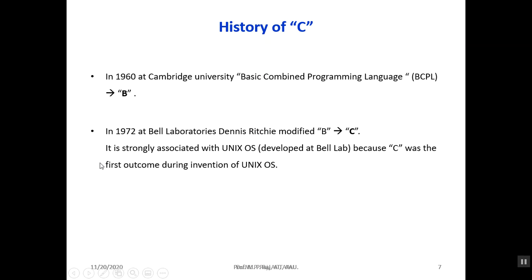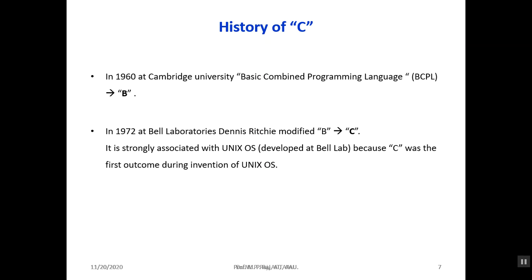It is strongly associated with Unix OS. Now the purpose of Dennis Ritchie was to design a new operating system, Unix, and for that he needed one language which was capable enough of doing the task he wanted. So he modified the B language and created the C language.